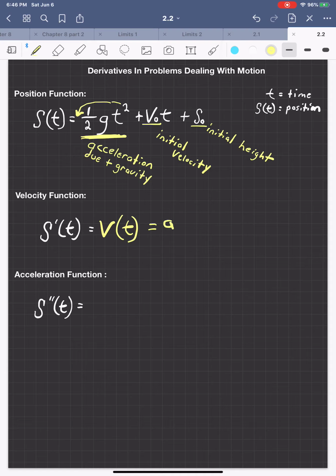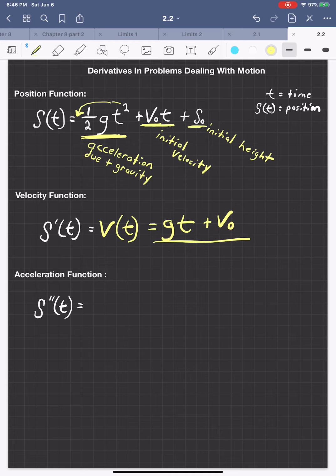So that would be g t. And of course, if you take the derivative with respect to t of initial velocity times t, you would just have plus initial velocity. And of course, the height is going to be a constant. You might be 10 feet up in the air, 20 feet, but the derivative of a constant is 0. So this would be your velocity function.